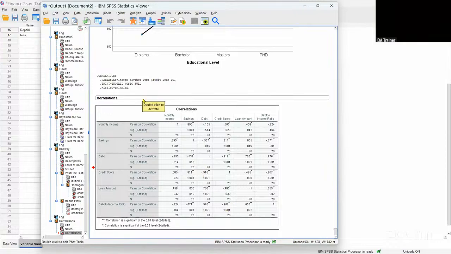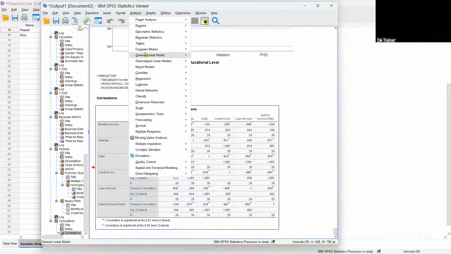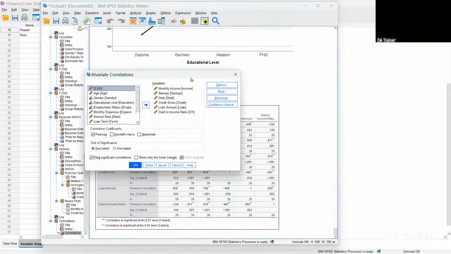Right. So let's check Spearman. Sorry, let's look at Spearman, still on bivariate. You can choose the other option as well, but let me deactivate. You have this one already.